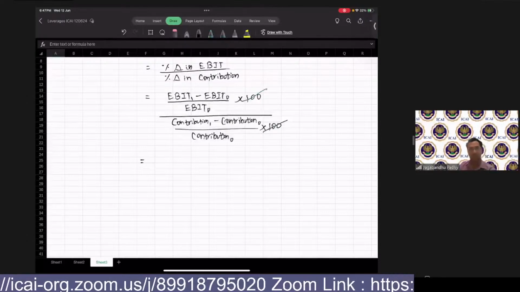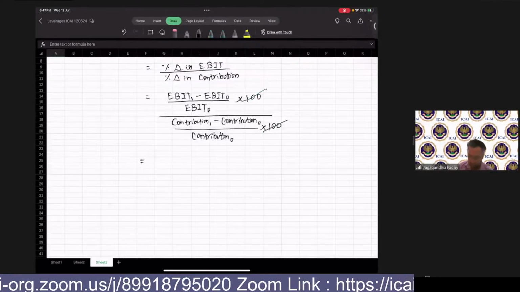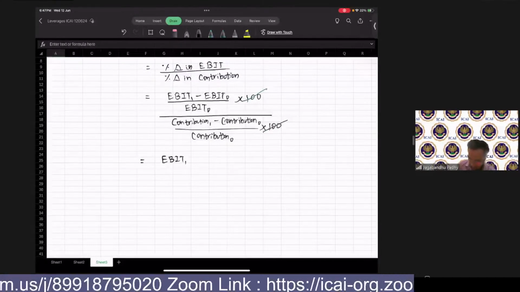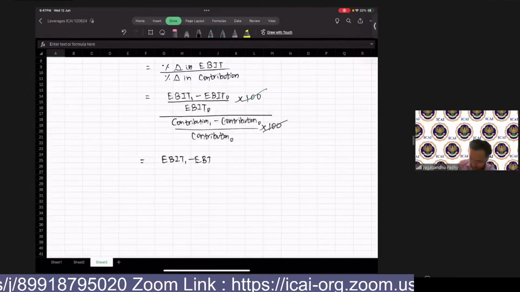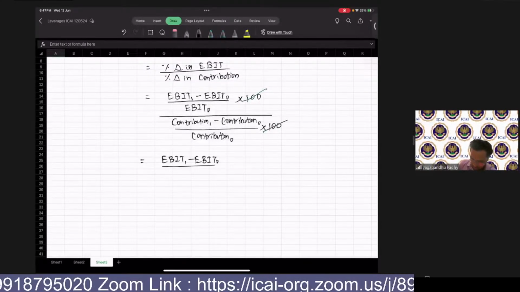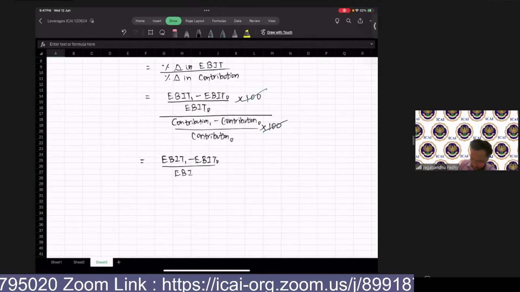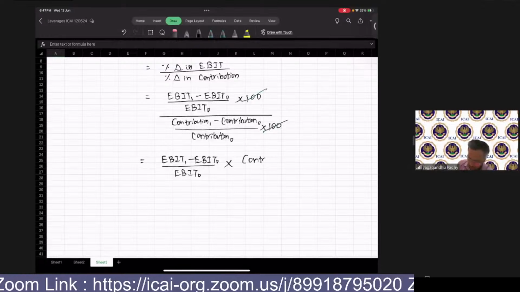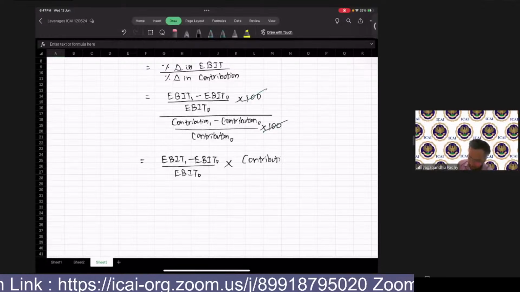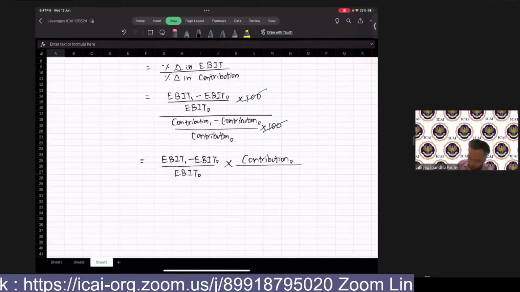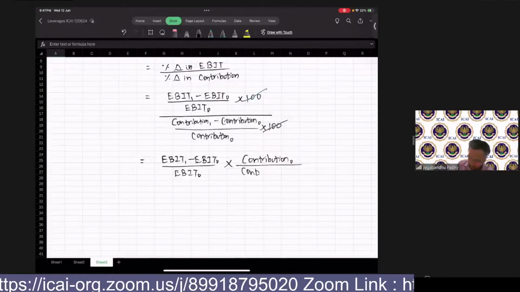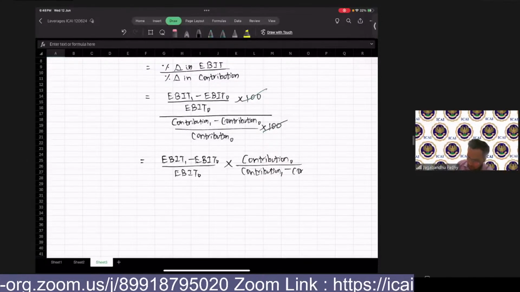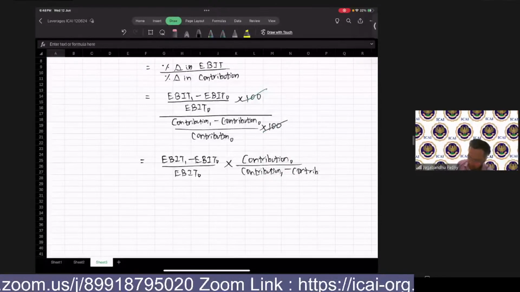If I just rearrange it, with simple mathematical simplification, that's EBIT 1 minus EBIT 0 divided by EBIT 0, into contribution 0 upon contribution 1 minus contribution 0.